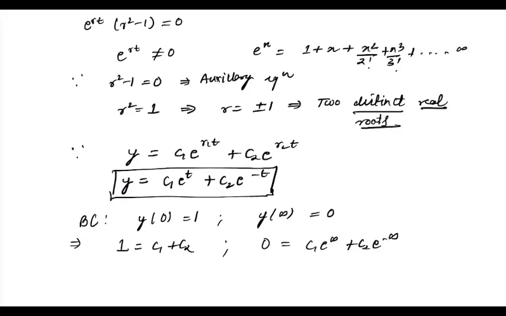So this makes c1 equal to 0, and from the previous equation, if c1 is equal to 0, then c2 is equal to 1. Therefore, the solution is y is equal to exponential minus t.